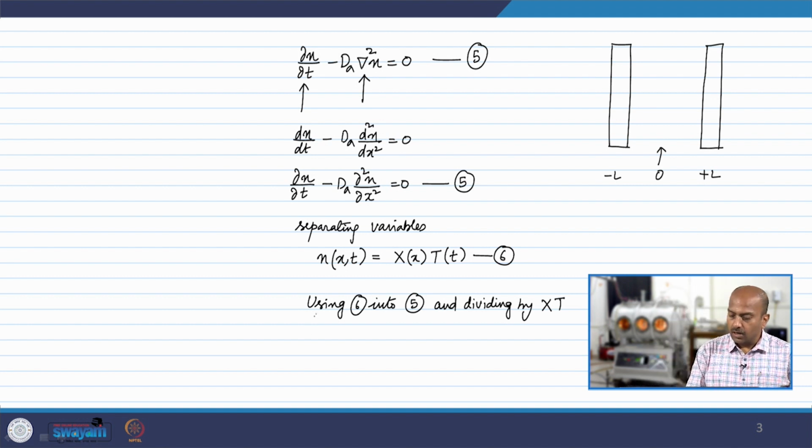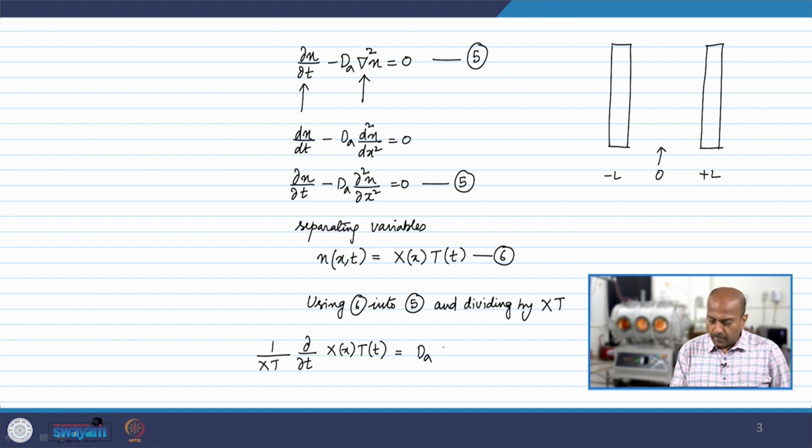We will get ∂/∂t of X(x)T(t) into 1 by XT is equal to D_A ∂²/∂x² of X(x)T(t), and this is divided by XT, right. So, ∂/∂t will only operate on T, and ∂²/∂x² will only operate on X(x).